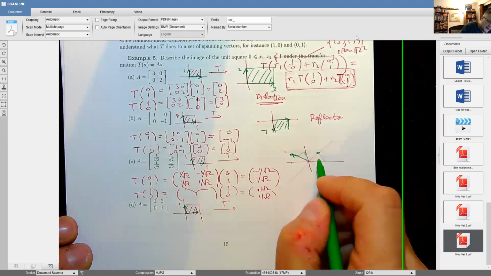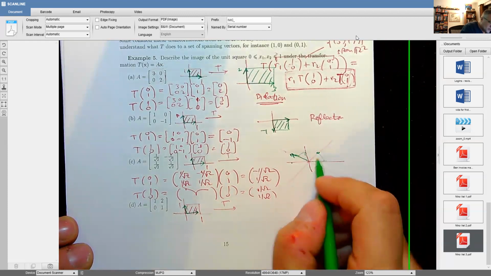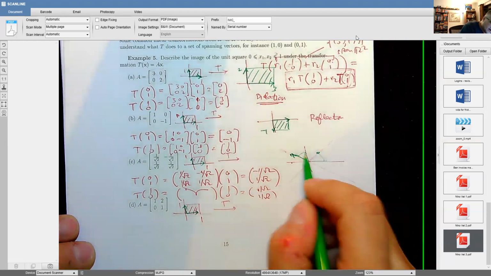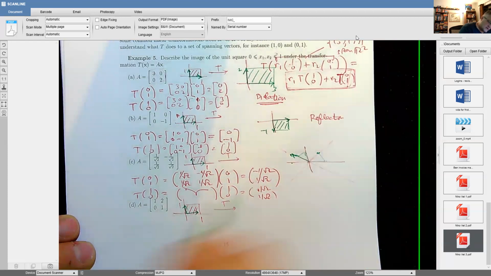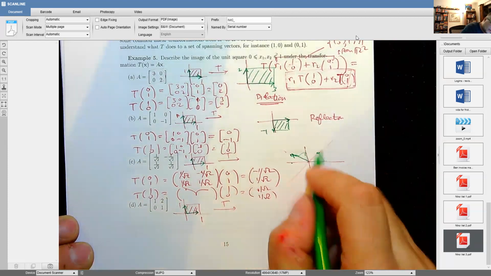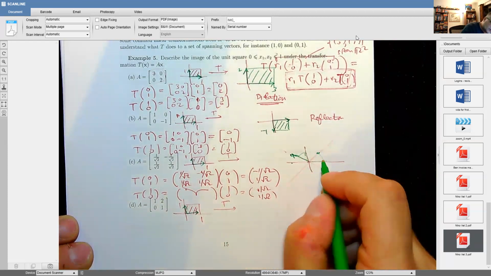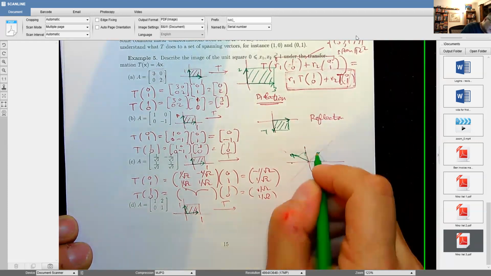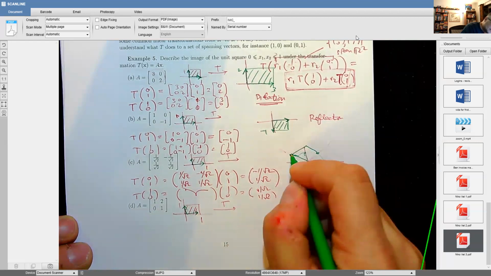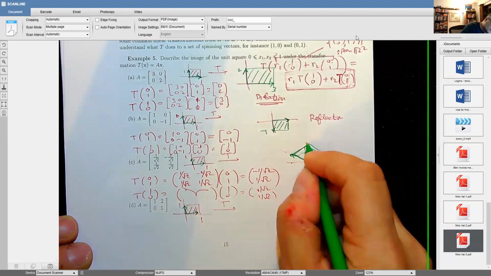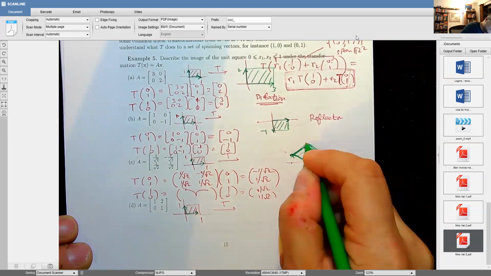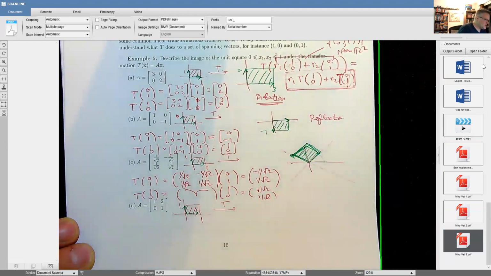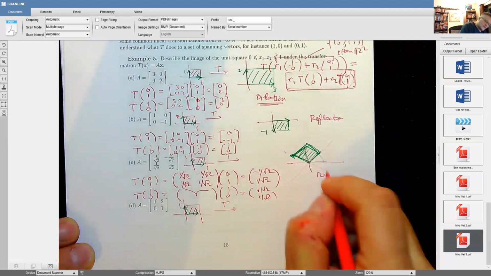So what seems to be happening is that I am rolling these guys 90 degrees, right? And so if I were to have taken this point, it would have rolled to (0, 1), right? And so what I get is this sort of rotation. Okay, so you get a rotation by 45 degrees.